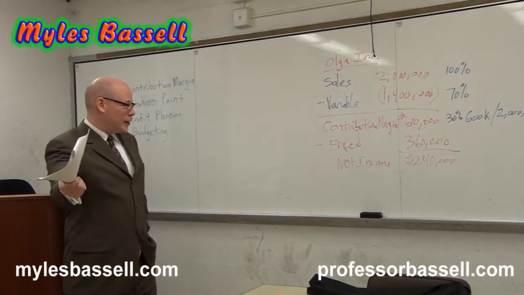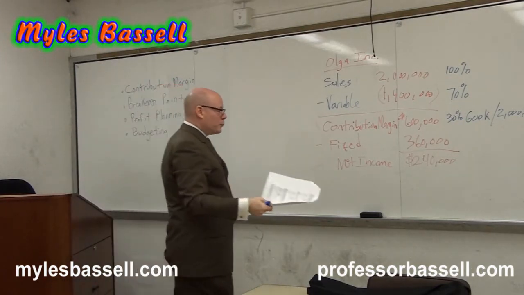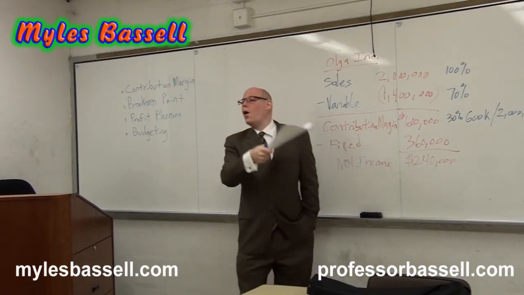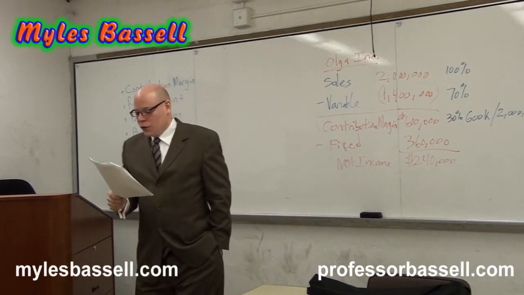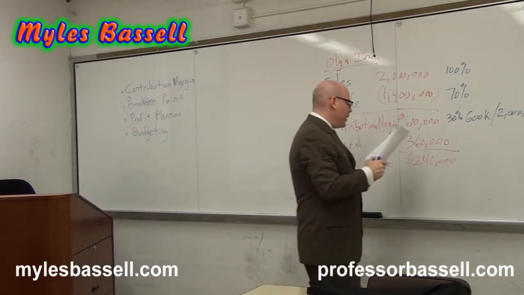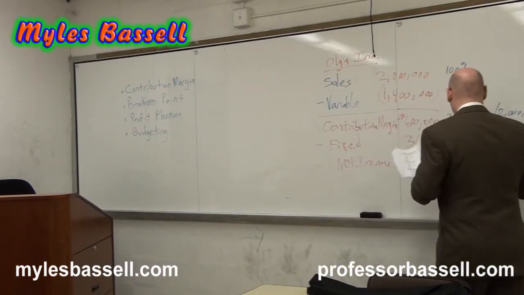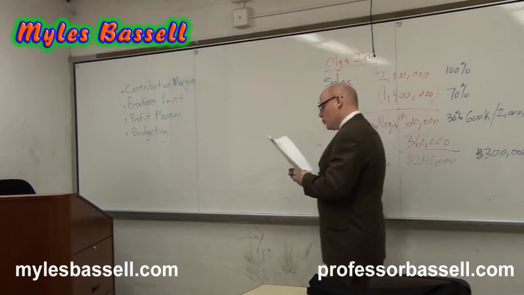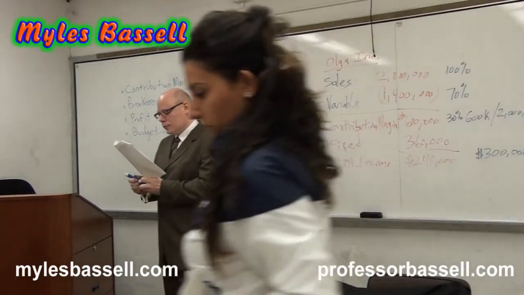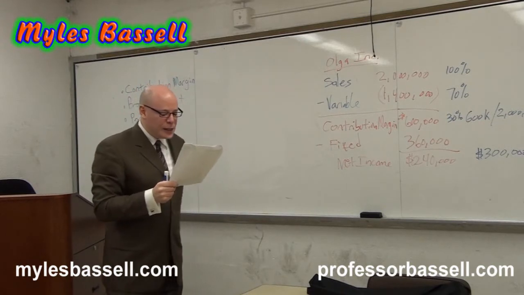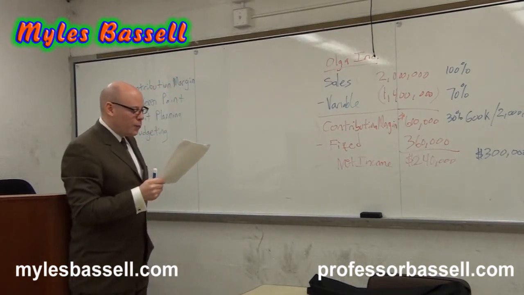We do have our sales team, and we want a net income that's more than 240,000. So let's say we want our net income to be 300,000. How many units would the company have to sell?